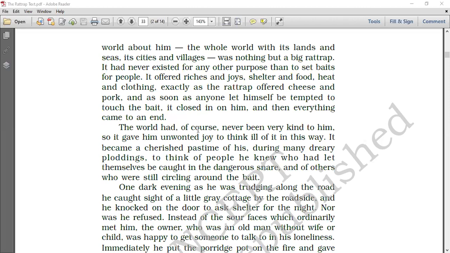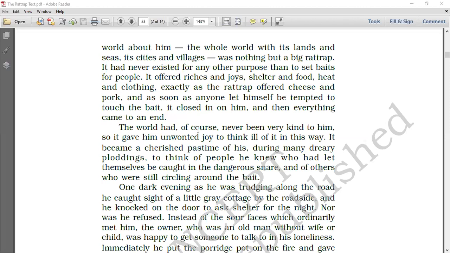The whole world for him was entertaining. The whole world with its lands and seas, its cities and villages was nothing but a big rat trap. It had never existed for any other purpose than to set bait for people. And it offered riches and joys, whatever it is, money, and of course happiness. For that only people are always trying and doing and starving and even toiling.